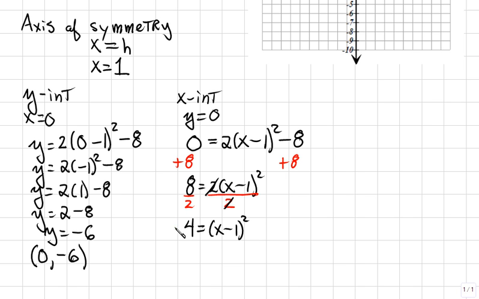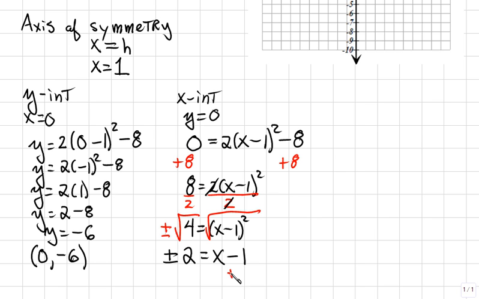Next, we'll square root both sides, and in square rooting a constant, we'll pick up a plus or minus, since either plus or minus of the result squared would result in 4. This means that we would have plus or minus the square root of 4, which is 2, equals the square root of x minus 1 squared. The root and the power cancel, leaving x minus 1.